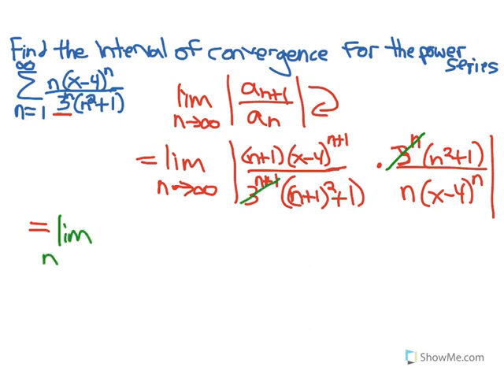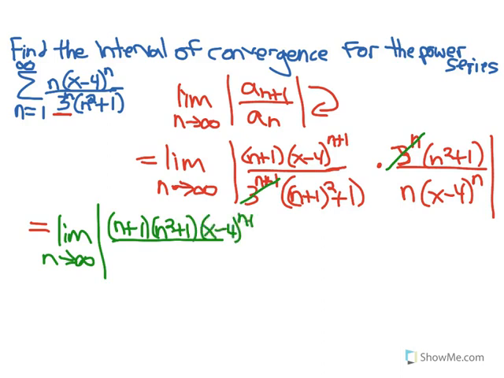So we have the limit as n goes to infinity of the absolute value of (n plus 1) times (n squared plus 1) times (x minus 4) to the n plus 1. On the bottom, we've got that 3 left over because we had 3 to the n on top, 3 to the n plus 1 on the bottom, so that means there was one more 3 on the bottom. And then we still have everything else.